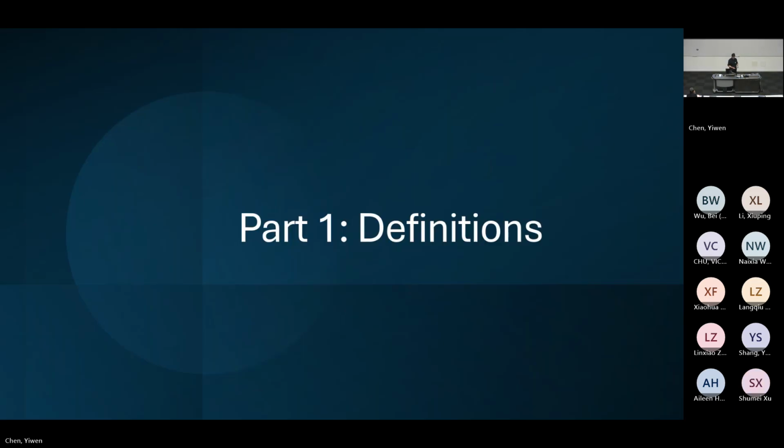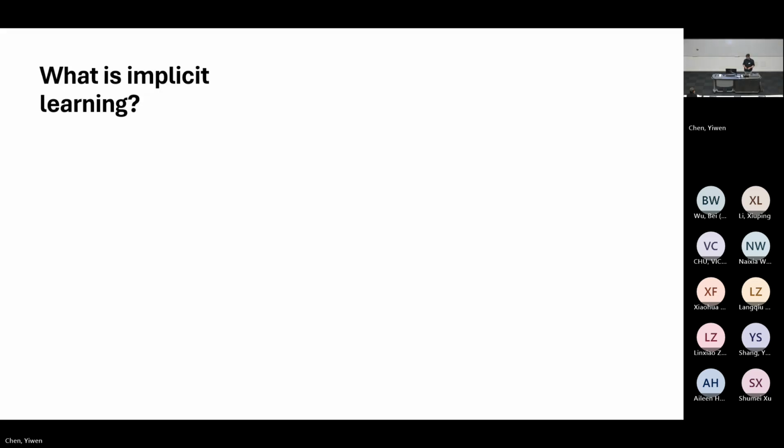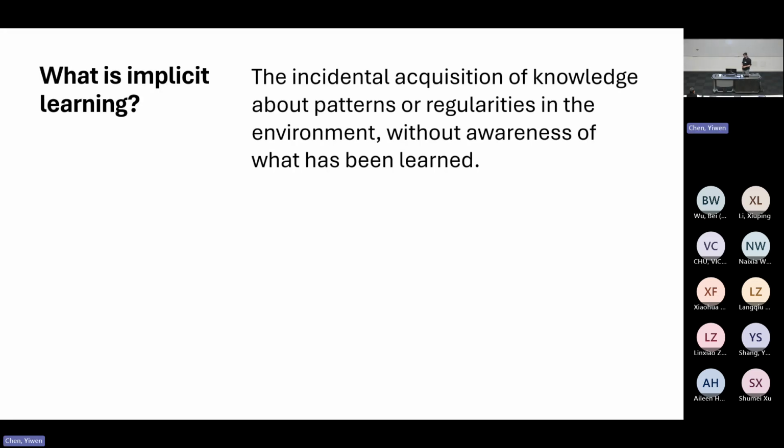Okay. So, let's start off with definitions. What is implicit learning? Implicit learning is the incidental acquisition of knowledge about patterns or regularities in the environment, right? So the input that we're exposed to, without awareness of what has been learned. I'll read this very slowly.